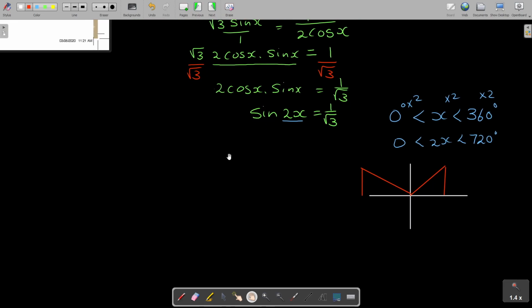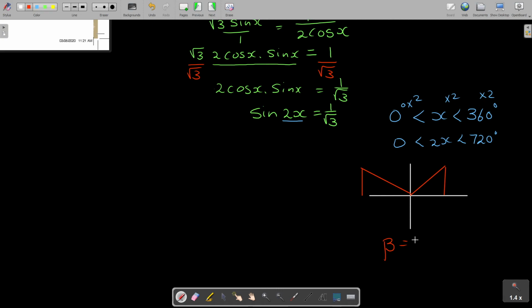First, I'm going to get my basic angle. How do I get my basic angle? Remember, this is in degrees, so make sure your calculator is on degrees. Then press shift, then press sin, then bracket 1 divide square root 3, close the bracket, equals.